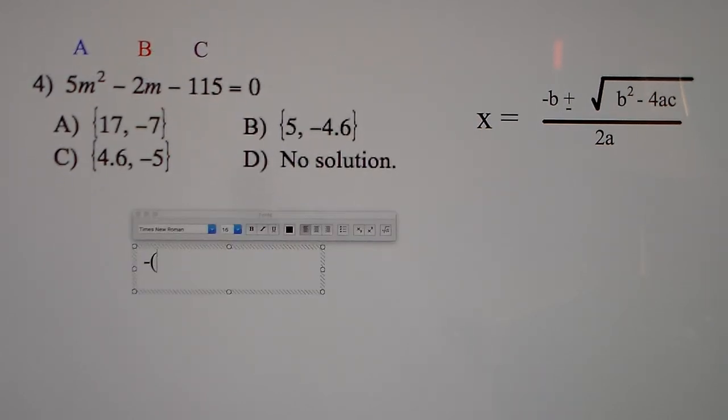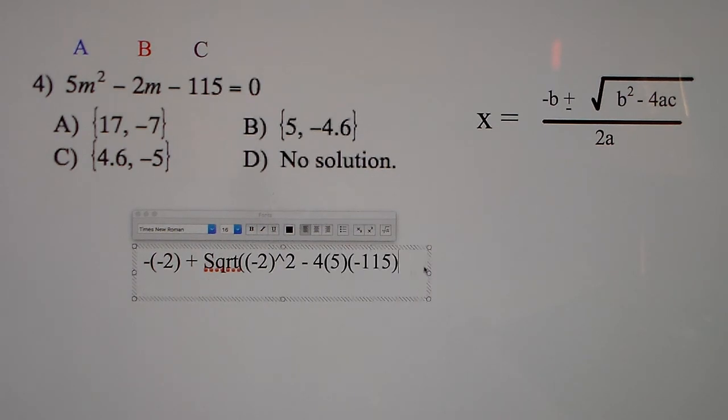So we got minus our b value, which in this case is -2. So minus parentheses -2, close parentheses, plus. Now we got to do the square root of b squared, so -2 squared, minus 4 times our a value, which is 5, times our c value, which is -115, close parentheses.